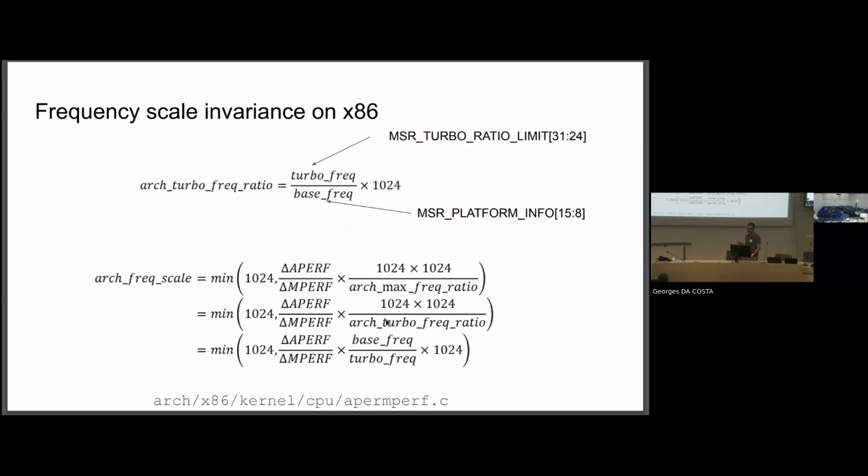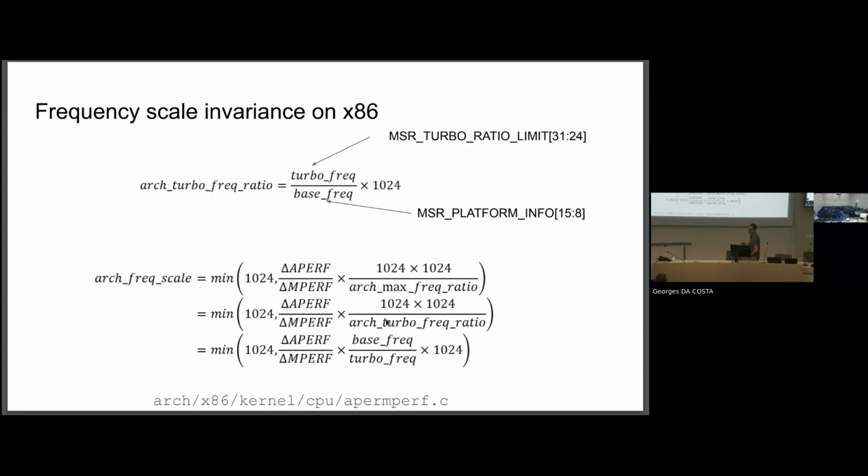And for the base frequency, we take this number here, which for this ratio means that we can assume that it is the max frequency ratio that we should use for frequency scaling. And after doing all this math, we arrive at the number that we use for frequency.